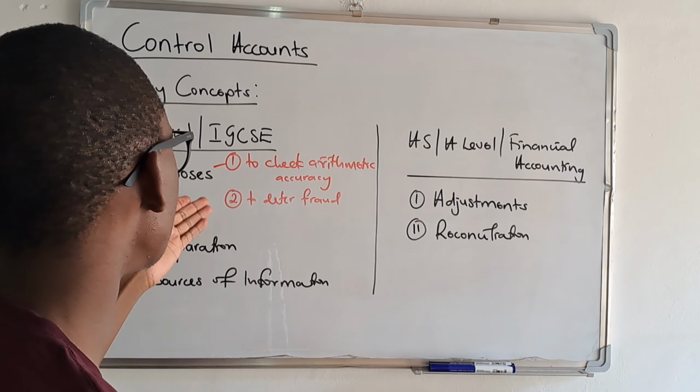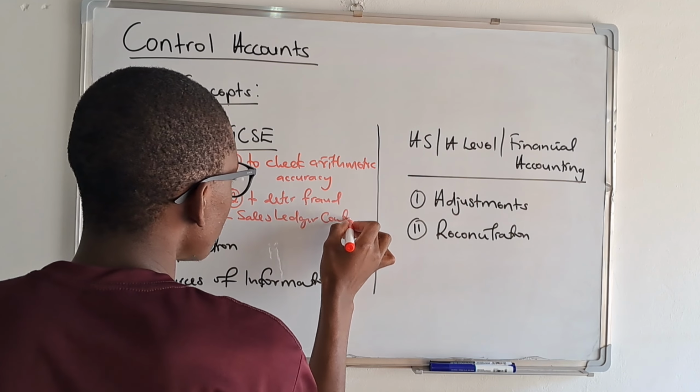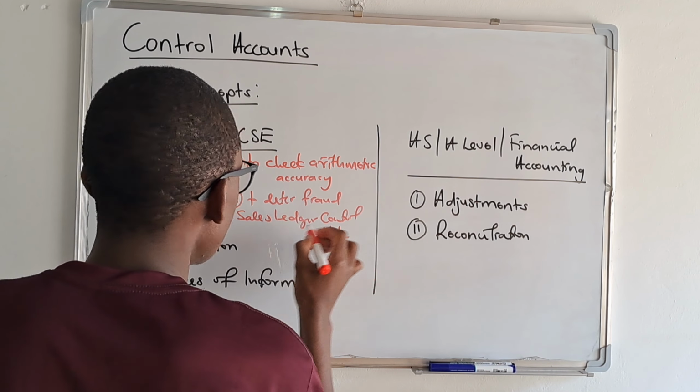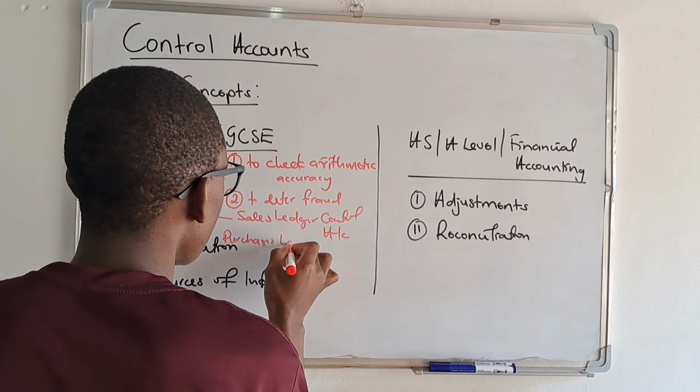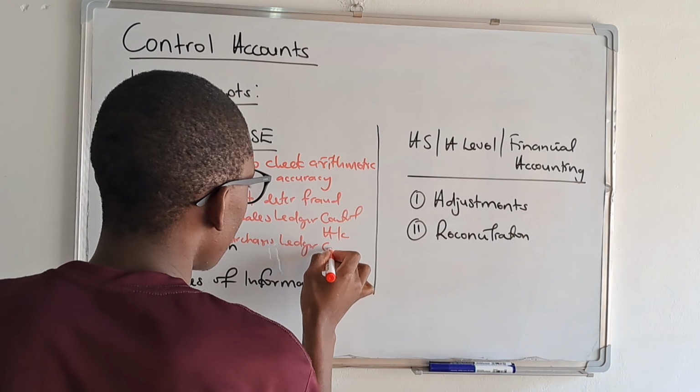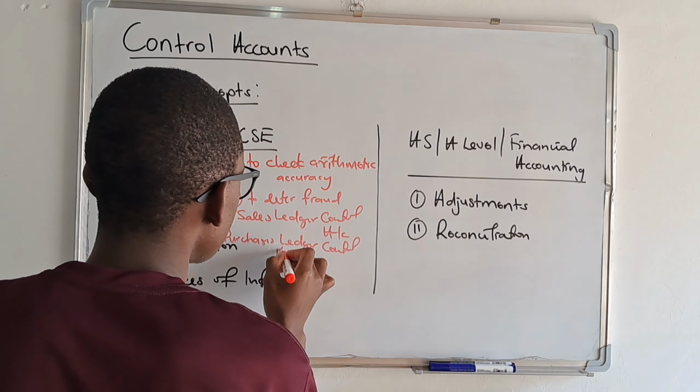Then looking at the types of control accounts, we have 2 types: the sales ledger control account and the purchases ledger control account.